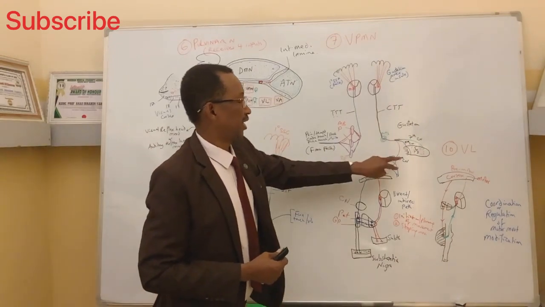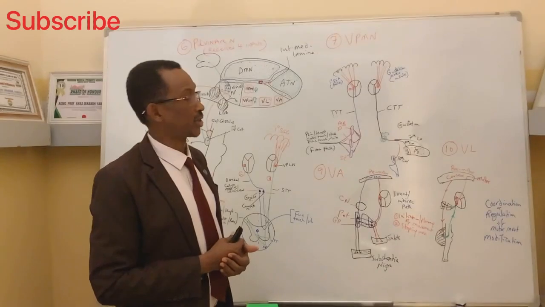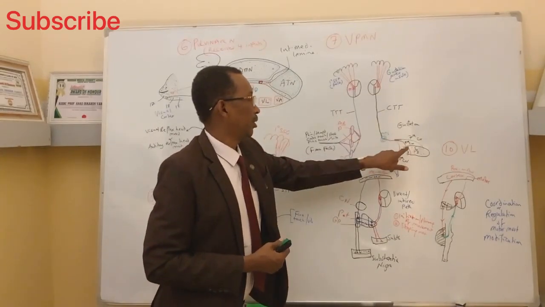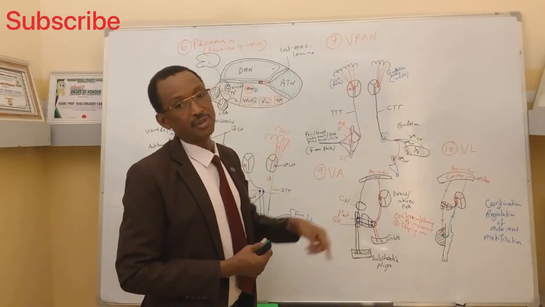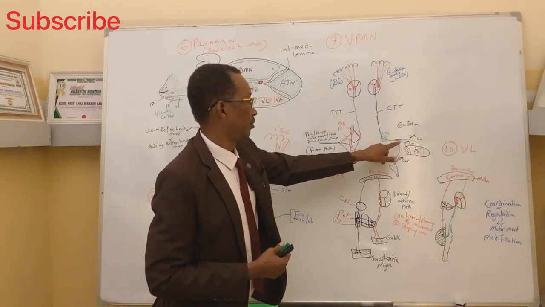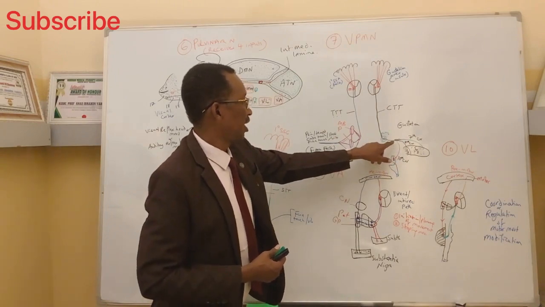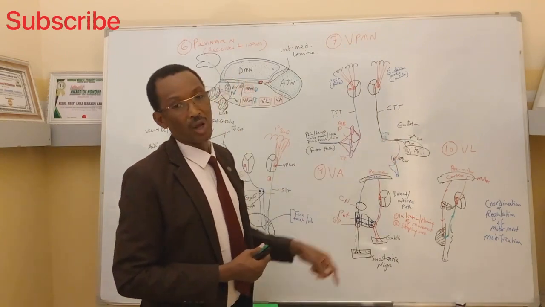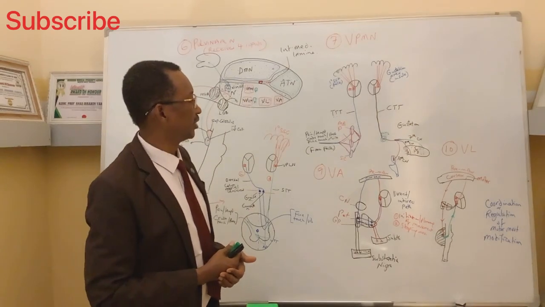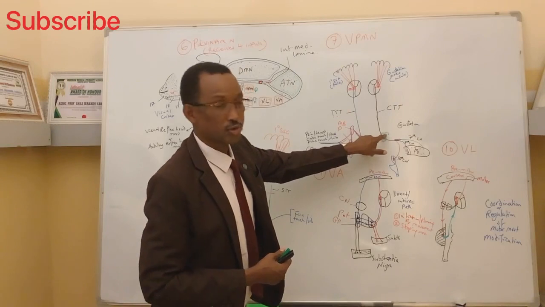So you can see that taste sensation is carried through three different cranial nerves: the facial nerve, the glossopharyngeal nerve, and the vagus nerve. The information from these three different areas is taken into one nucleus found in the medulla oblongata, that is the nucleus of the tractus solitarius.